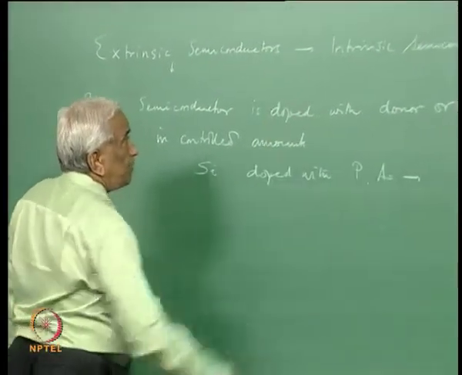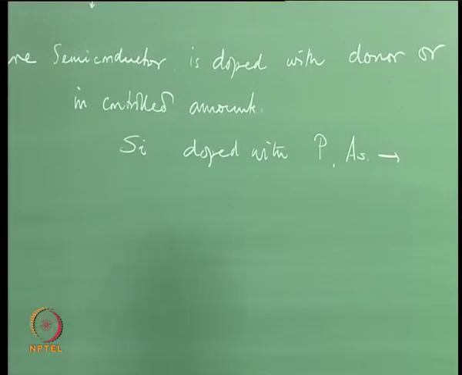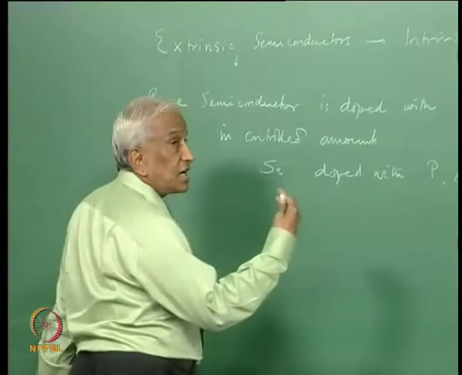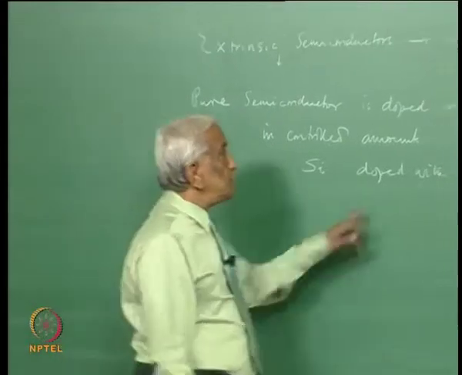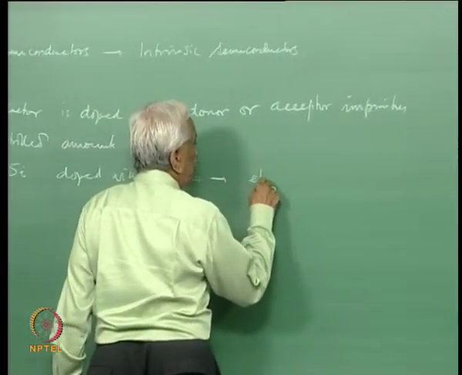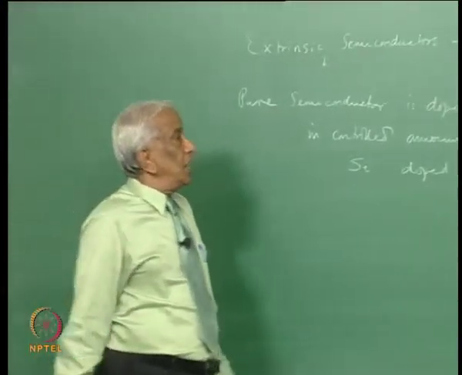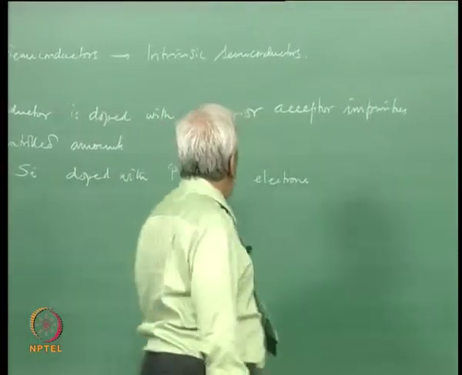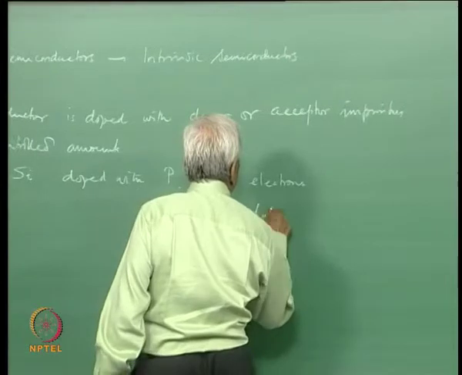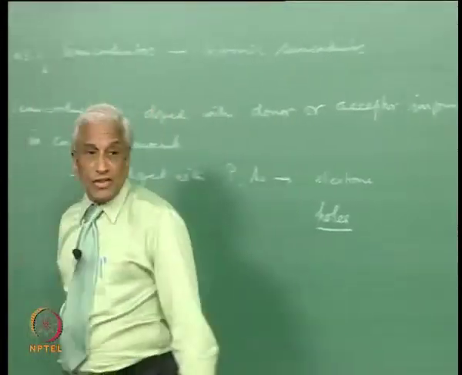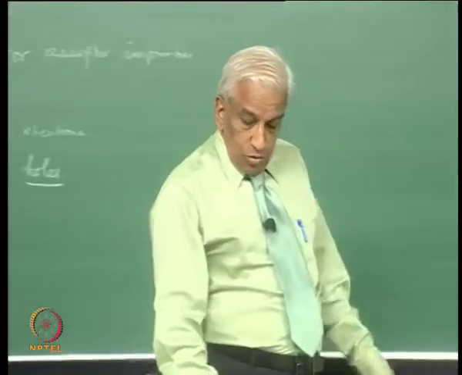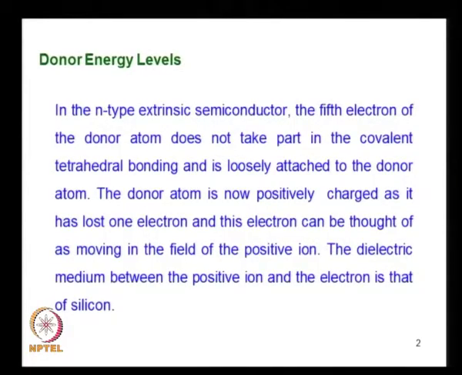This injects controlled amounts of electrons, whereas an acceptor impurity provides a hole. So, similarly, there can be acceptor impurities which also inject controlled amounts of holes. We will discuss how to calculate the carrier concentration, which is the basic information required for technical exploitation of these materials.